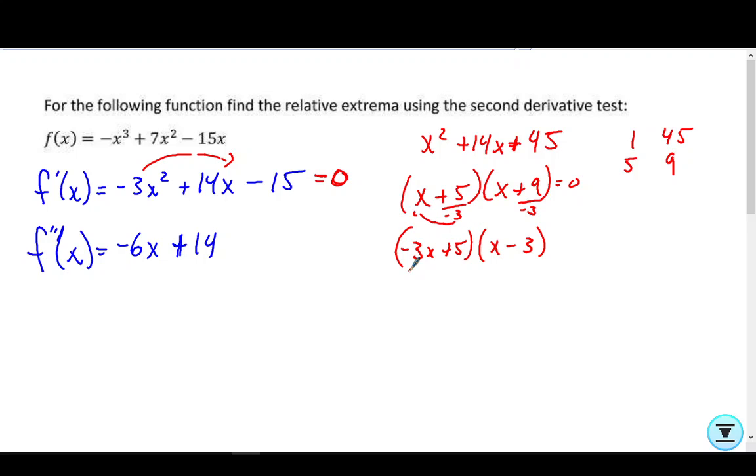And does it work? Sure does, because -3 times -3 is positive 9 plus 5. So these are my solutions. So basically my solutions are x equals 3 and x equals 5/3.